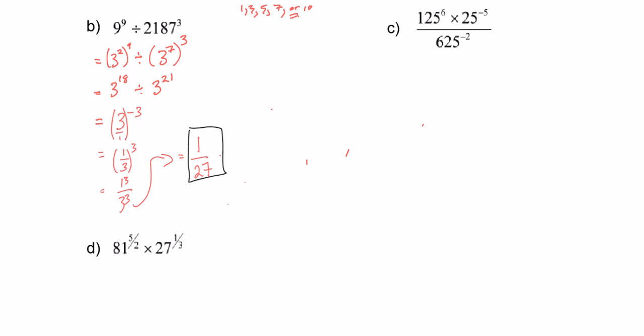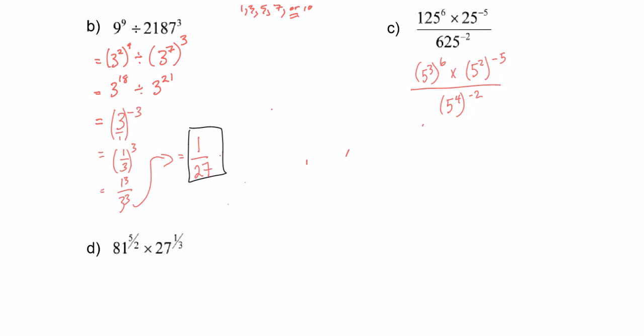In this case, we found that 125 is 5 cubed, and that's raised to the 6, times 25, which is really 5 squared, raised to the negative 5, divided by, well, 625 is really 5 to the 4 raised to the negative 2.